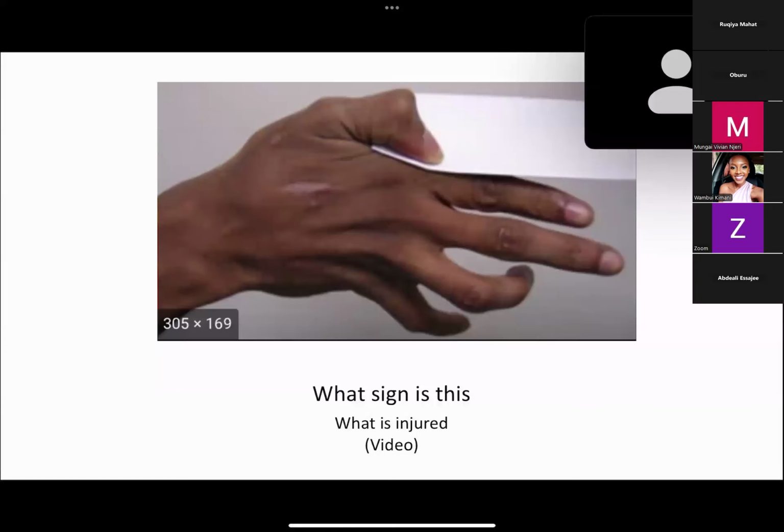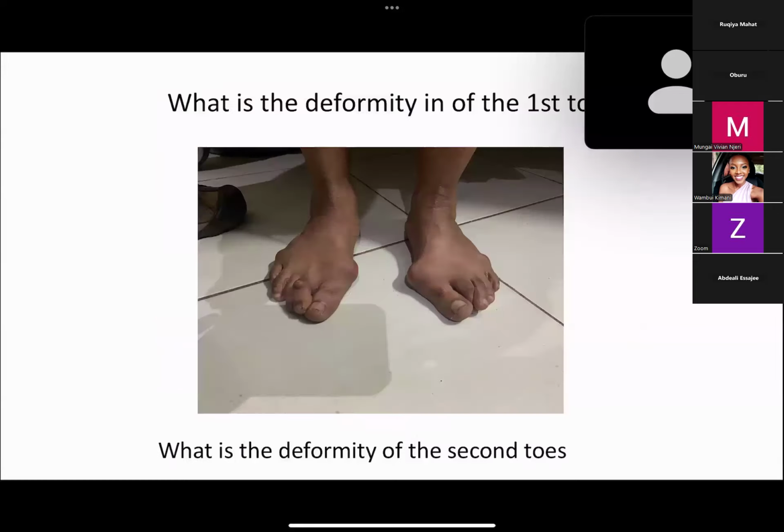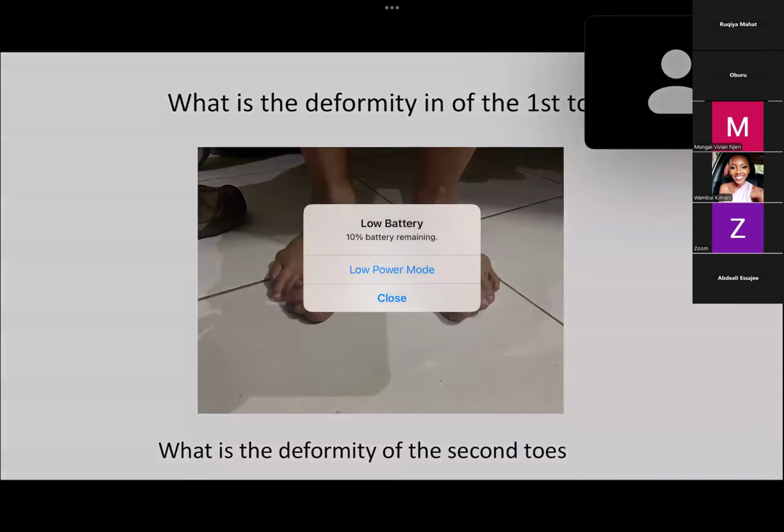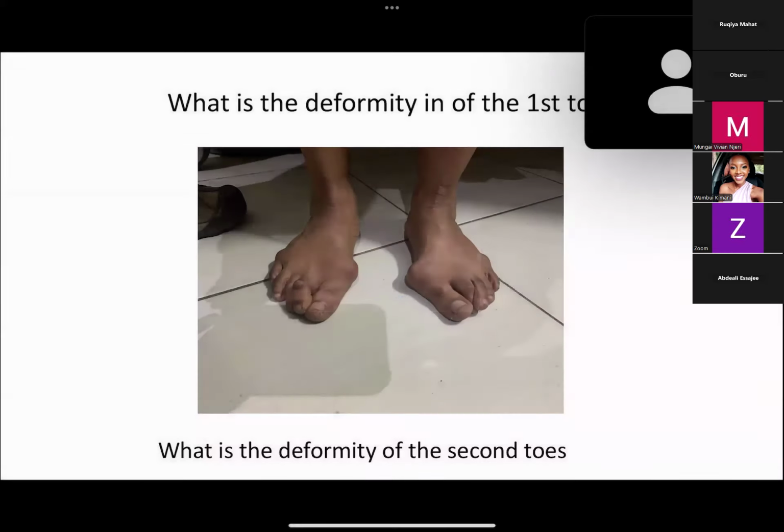And this is the Froment sign. And hallux valgus. Now, you are being asked, what is the diagnosis, the second toes? So, guys, you can see this exam is very easy to pass, because Dr. Oburu can only ask so many questions.